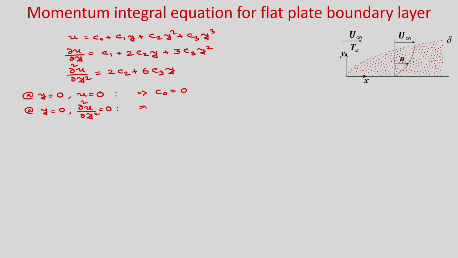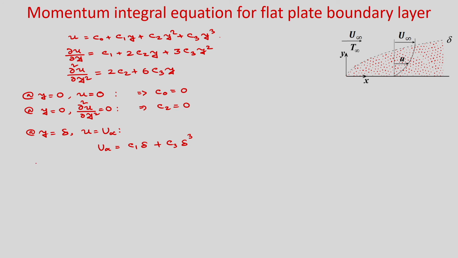So, it will give C2 is equal to 0, and now at y is equal to delta you have u is equal to u infinity. If you put it in this expression, you will get u infinity, C0 is 0, C1 delta plus C2 is 0, so C3 delta cube.